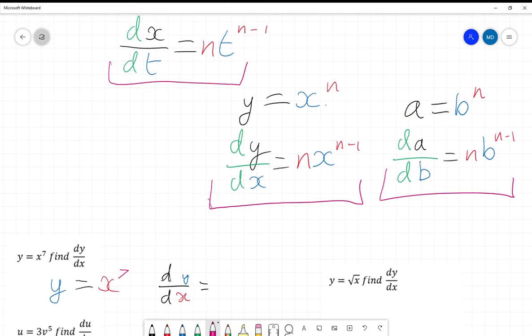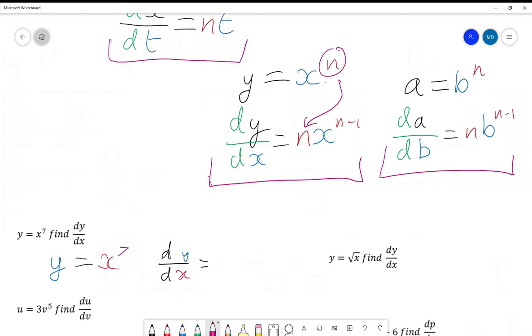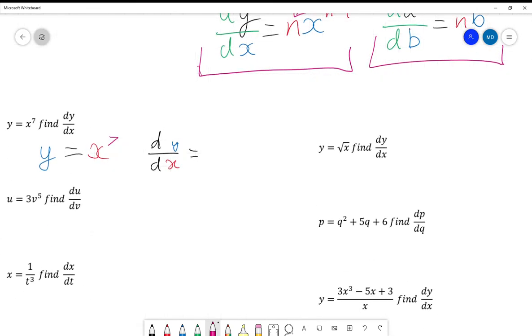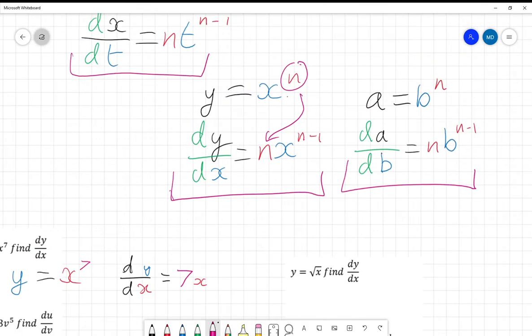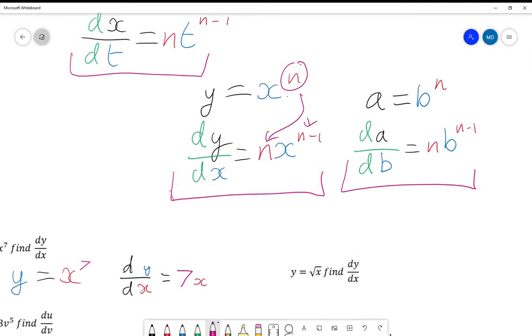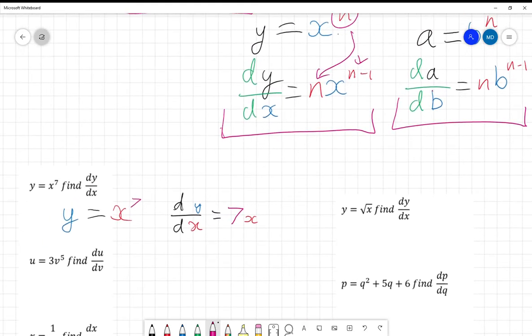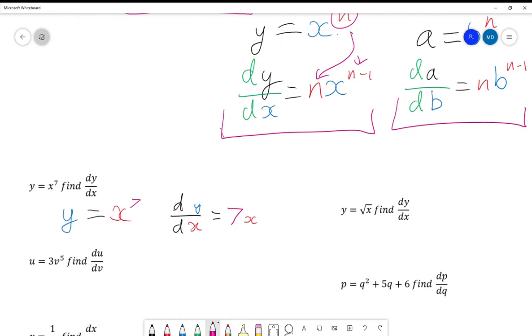If we go up here, look at the rule, the n comes down in front as a multiple. So we put that 7 in front. Then the x is still there. And then it has to be raised to the power of n minus 1. So that's 1 less than whatever n was. And 1 less than what 7 was is 6. And so our rule is very simple here. dy by dx is 7x to the power of 6.